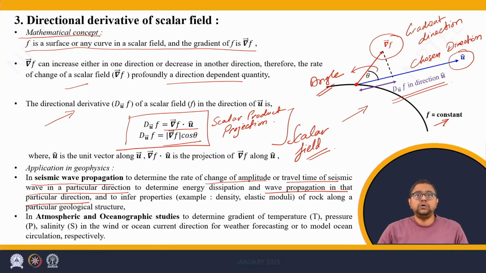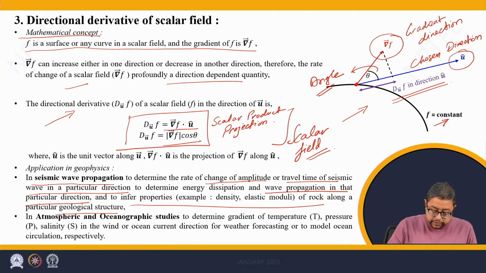This is also used to compute the anisotropy of various materials. What is anisotropy? Anisotropy is the direction-dependent properties such as density, elastic modulus of any rock samples.